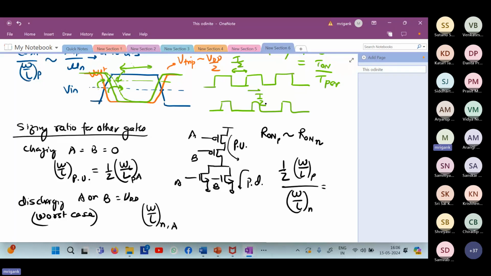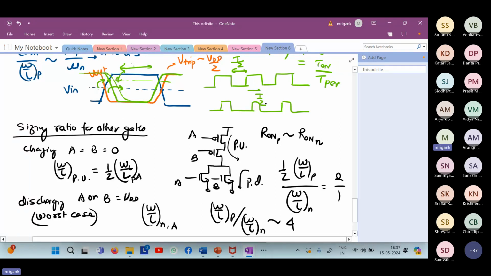Assuming that mu P mu N ratio is 1 by 2, that's what we have seen, 2:1, right? So we want to make the R on of P and R on of N equal. Therefore, this should be in the ratio of mu N by mu P, and that we have assumed to be 1, right? And as a result, we get this ratio of W by L of P by W by L of N approximately equal to 4, right?